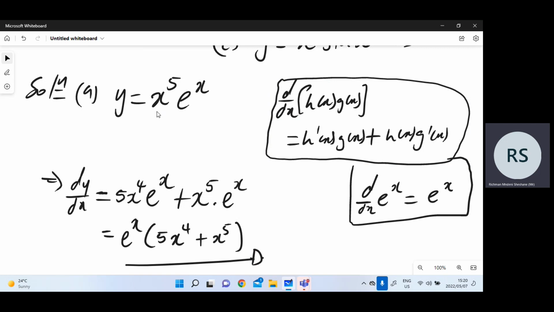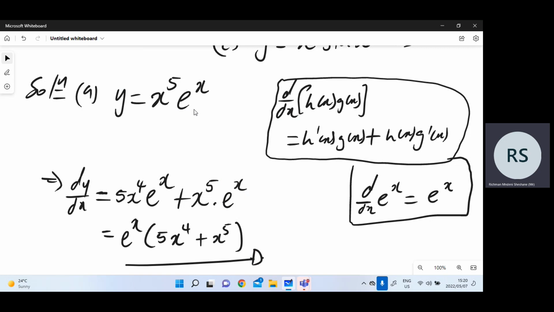We treat this as h of x, the first function, and this as g of x, the second function. So the derivative of y is the derivative of x to the power 5, which is 5x to the power 4, while we leave the second function, plus, we leave the first function and derive the second function.